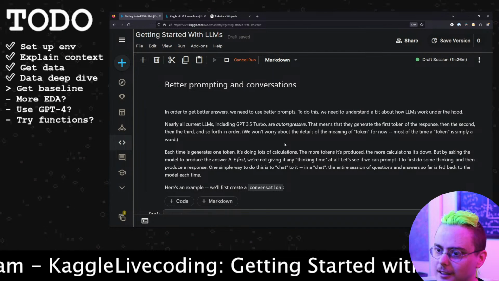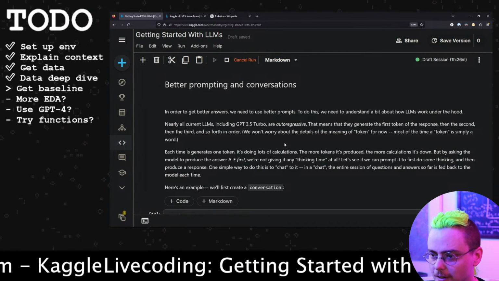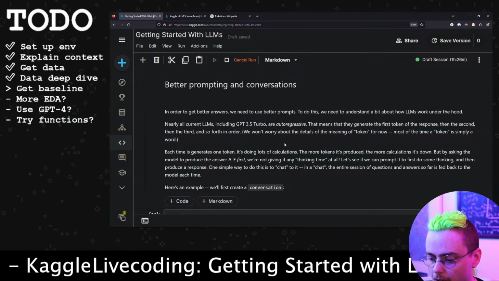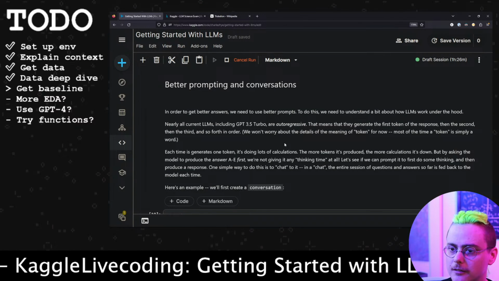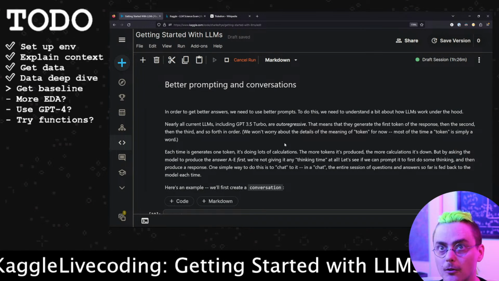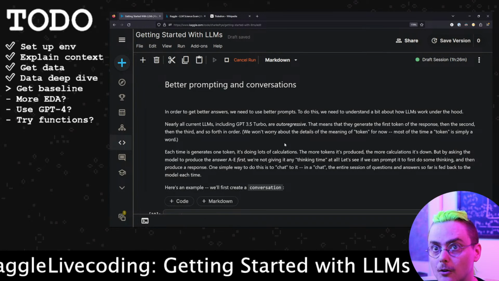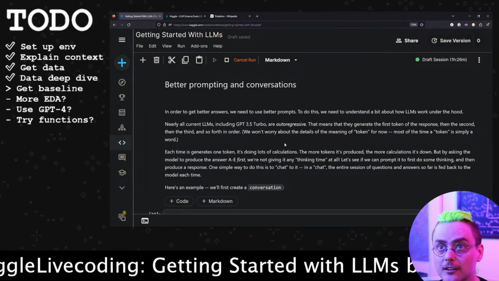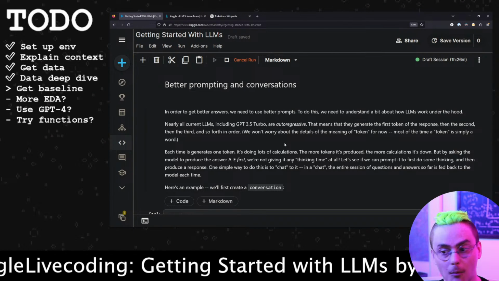The other thing is that if you give the model the opportunity to generate a bunch of tokens, it is able to do a bunch of calculations while producing those tokens, and that is effectively giving it time to think about what the answer should be.